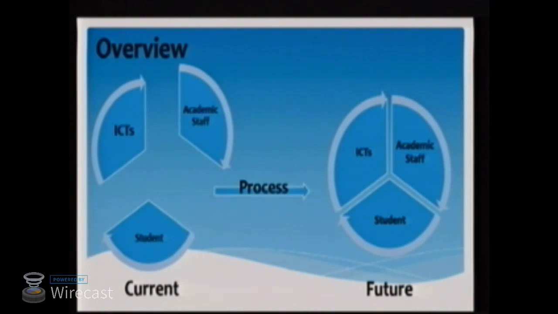Now, we know that this is a process, and as students, we are willing to learn and to move with the lecturers and ICT services personnel in reaching the future, where we are all consistent and working together: the ICT services, academic staff, and the students.